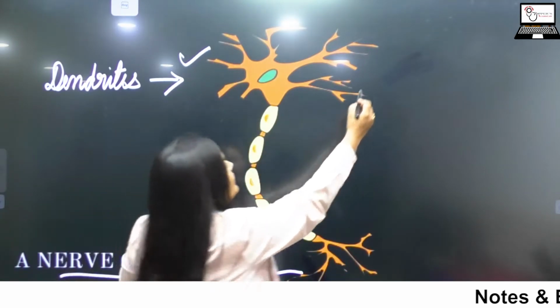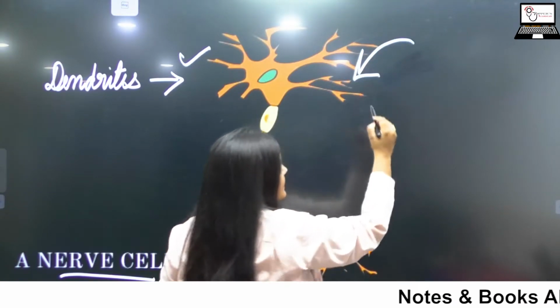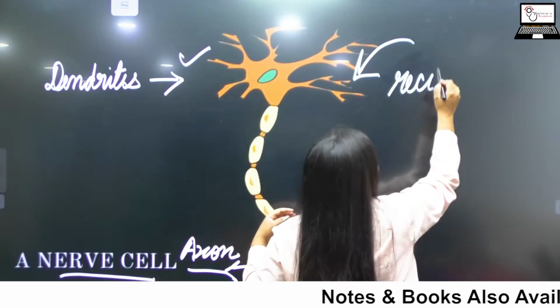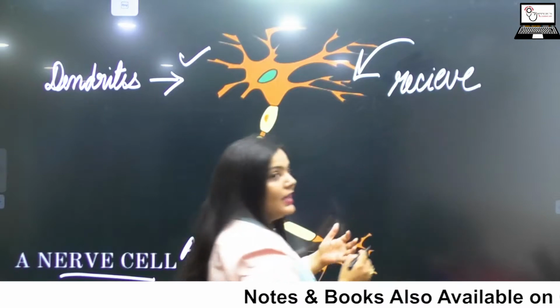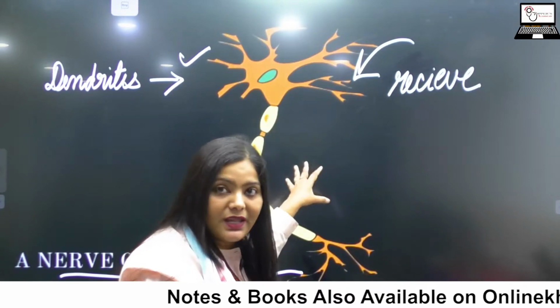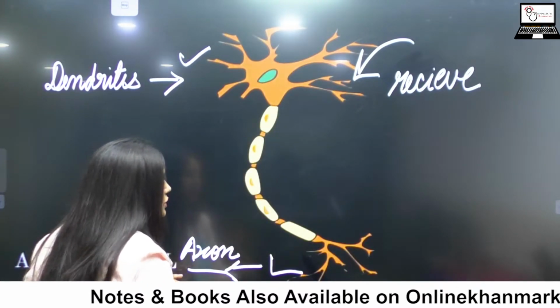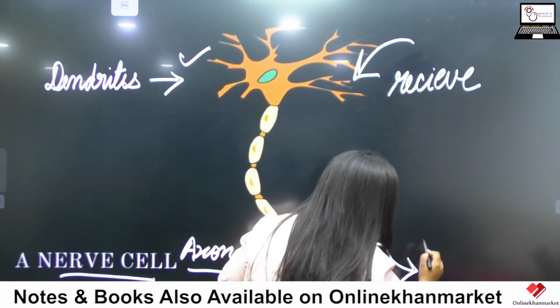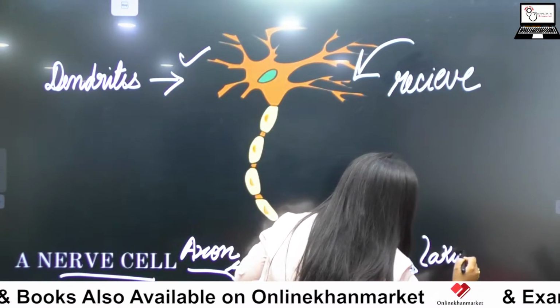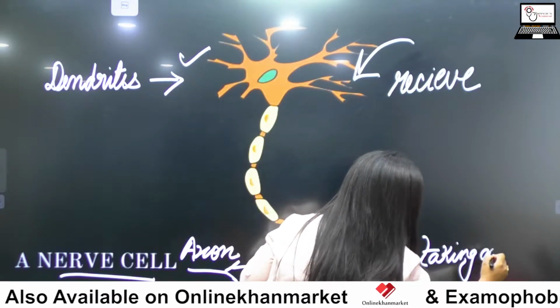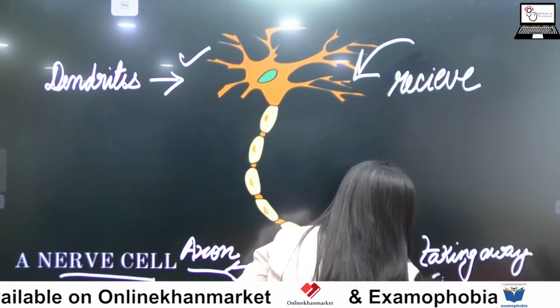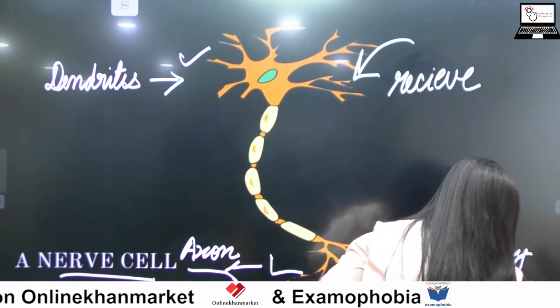Dendrites are there to receive the signal from the body and bring the signal towards the brain, right? What is the axon doing? It is the one taking the signal away from the neuron. It is taking away the nerve signal, right?